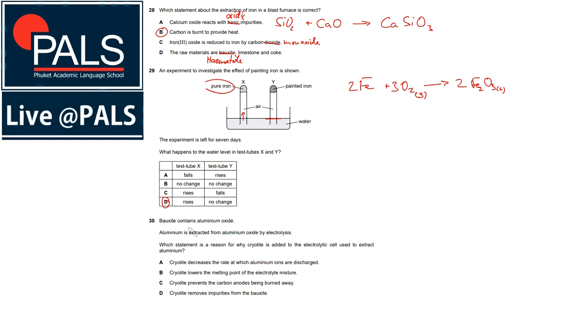Bauxite contains aluminium oxide, and aluminium is extracted from aluminium oxide by electrolysis. So one more thing, I can give you a little hint or trick that you can use in exams.